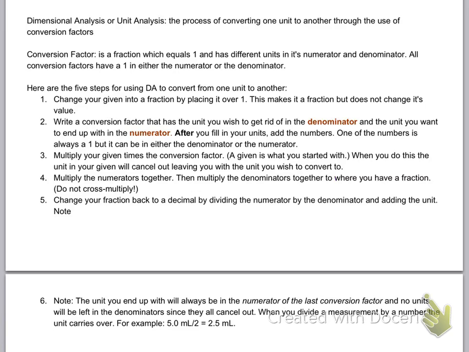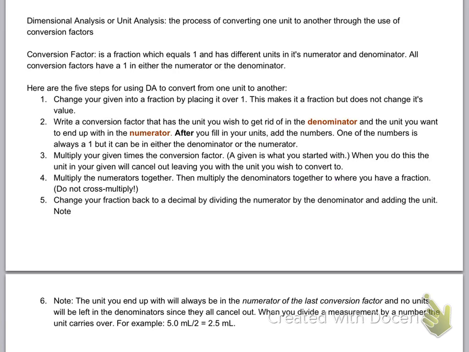So what's a conversion factor? A conversion factor, which we have listed here, is a fraction which equals 1. It takes two equivalent things, like 12 inches equals 1 foot. You guys agree with that? They're equivalent, but they're in different units, okay?